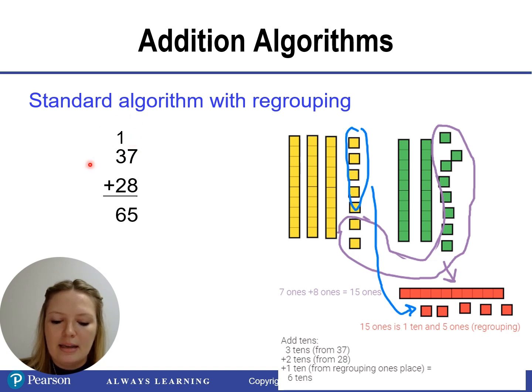So when I say this with the standard algorithm, I could say, okay, 7 ones and 8 ones is 15 ones. 15 ones can be regrouped as 1 ten and 5 ones. So I put 1 in my tens column for my 1 ten and a 5 in my ones column. Now I add 1 ten plus 3 tens plus 2 tens gives me 6 tens, or 65 total.